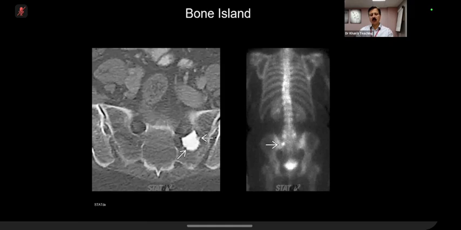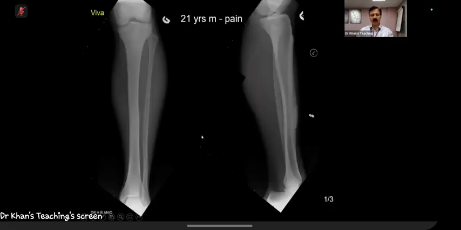Bone islands can also mimic something more significant, where they can show some uptake on a nuclear scan, and this CT scan shows that. So take-home point is brush border edge in a sclerotic lesion. Okay, candidate 1, over to you, please.